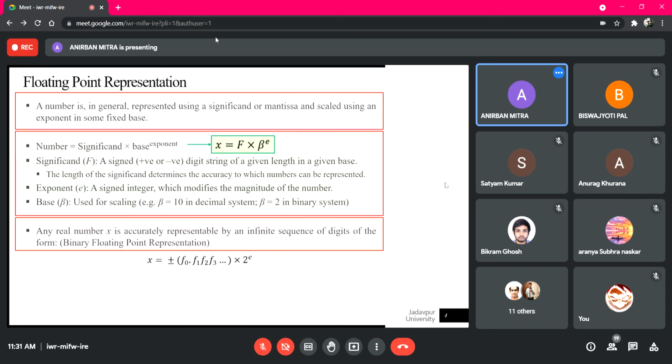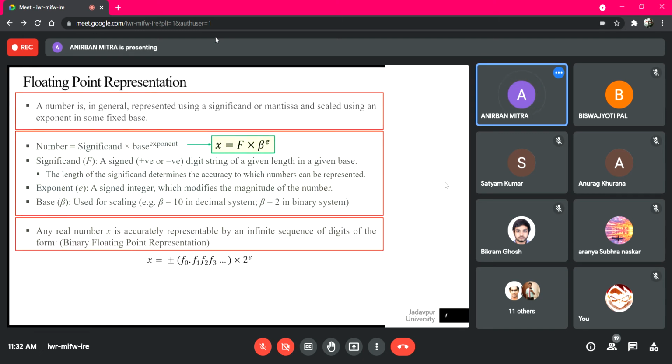But do consider, at this point, we have not yet introduced any kind of approximation. This representation that you can see is basically an accurate representation. Any real number accurately represented by an infinite sequence of digits.